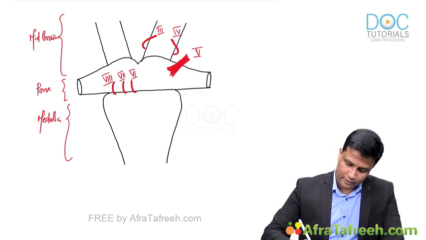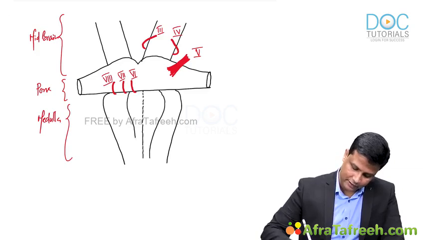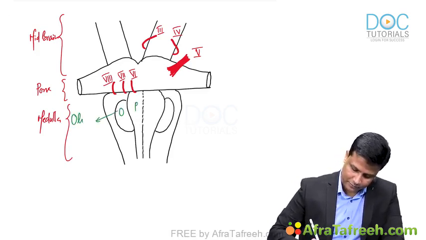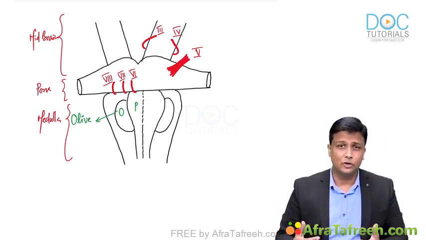Then in the medulla oblongata, guys, you'll have a sulcus in the middle. Because of this, there will be one elevation here and another elevation here, the pyramid. And then lateral to that you'll have the olive. So this is the olive here. Now, as I told you, we are going to cover almost every MCQ possible here.